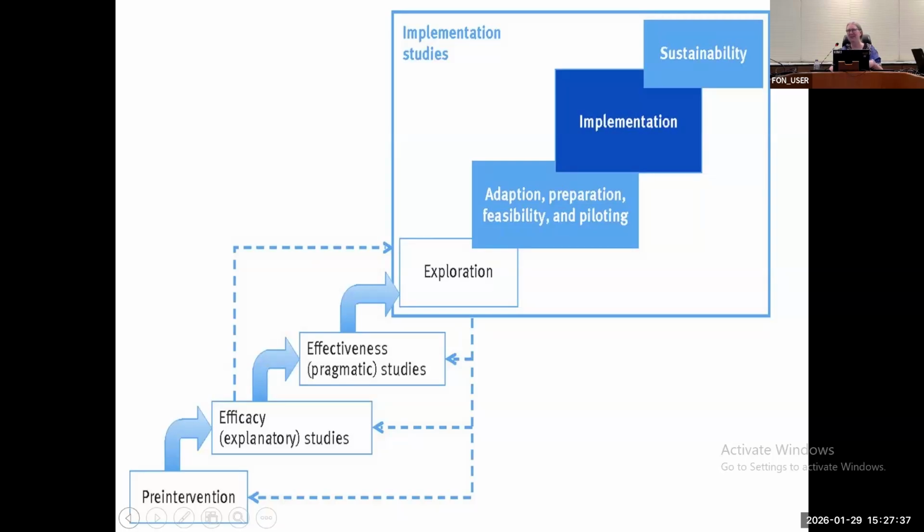Thank you for joining. What I'm going to start talking about now is implementation studies. Implementation studies are when we have determined that an intervention has an effect under controlled conditions, that's a randomized clinical trial, and that it continues to have an effect in real life settings.